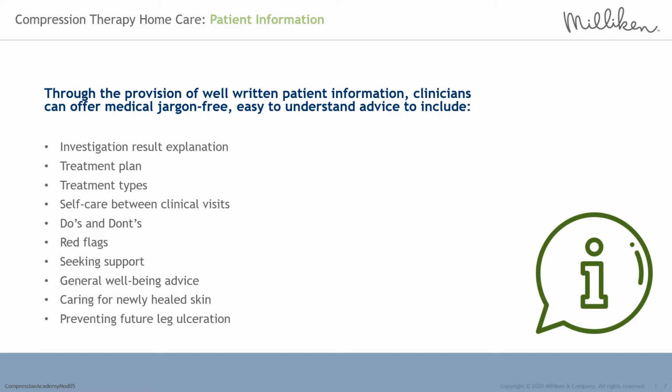Through the provision of well-written patient information, clinicians are able to offer jargon-free, easy-to-understand advice for their patients, and this should include investigations and results explanation, underlying chronic venous insufficiency or ankle brachial pressure index. The process and the results should be explained in an easy-to-understand way.